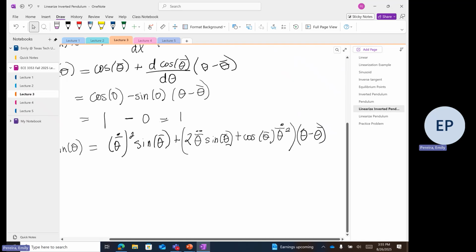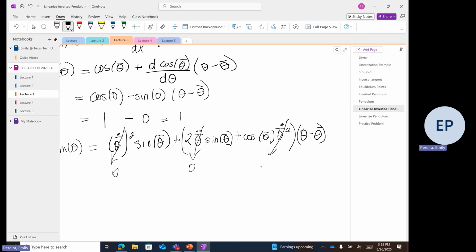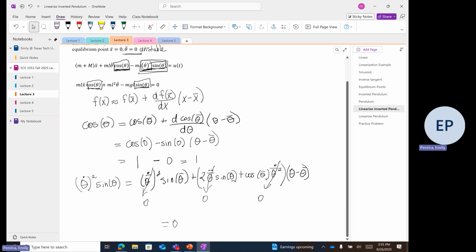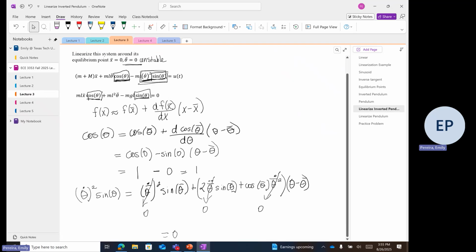So what's interesting is, remember we fixed the derivative terms to be 0. So all of these are going to be 0. So our function is 0. That's the linearized function. So when we plug these in, oh, and we can also linearize sine. We've done that before.